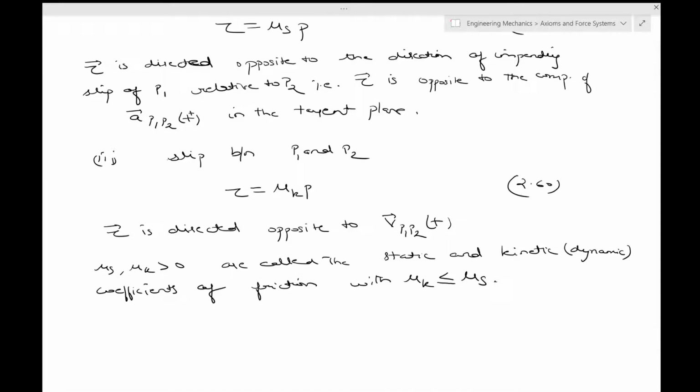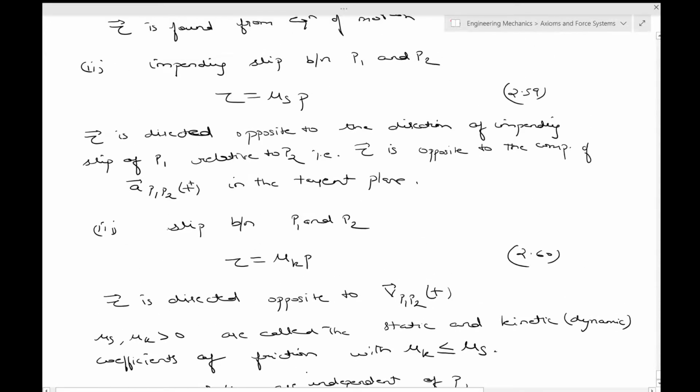And these, what we have written like mu k smaller than equal to mu s, these mu s and mu k are independent of pressure.